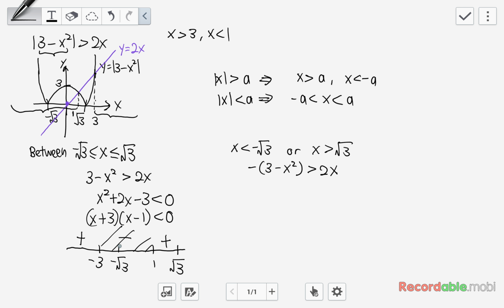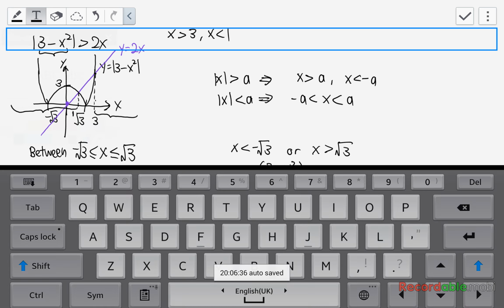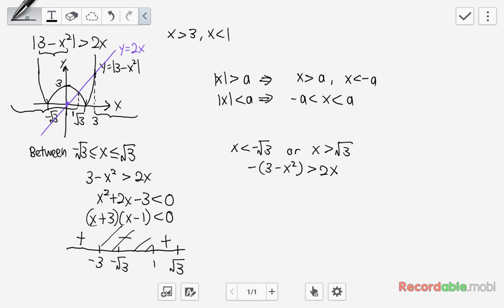So the only part of the inequality that we actually want is just this part, the overlapping part. Okay, from here to here, right?